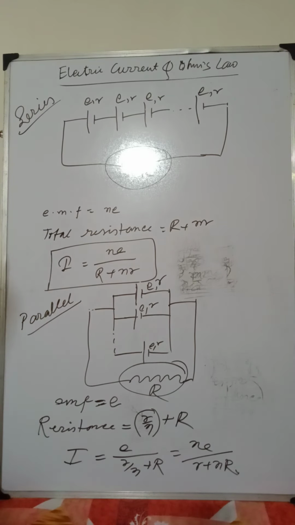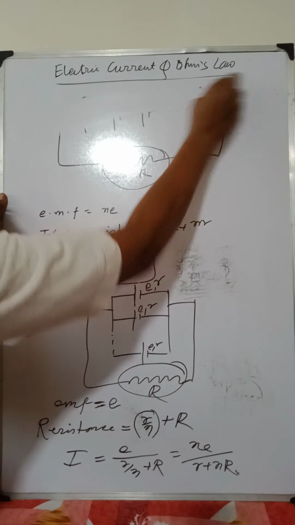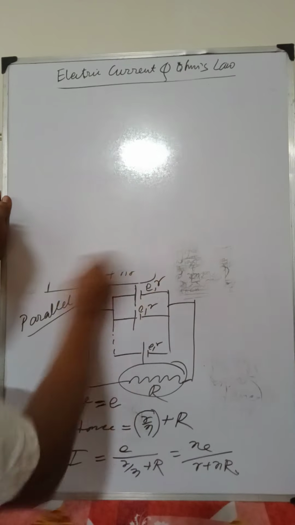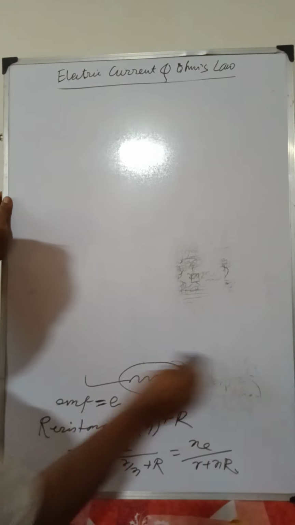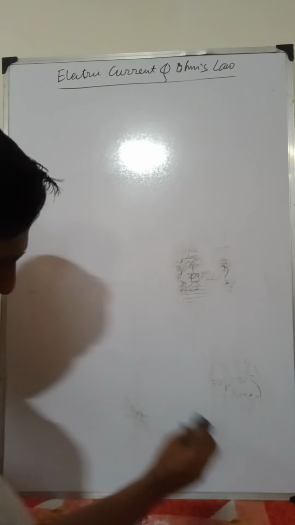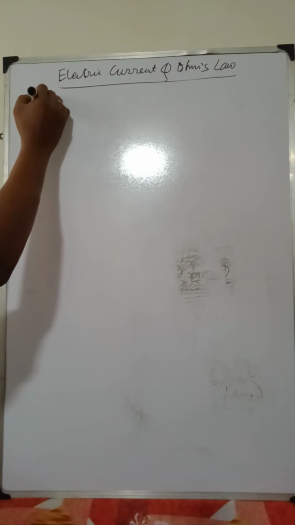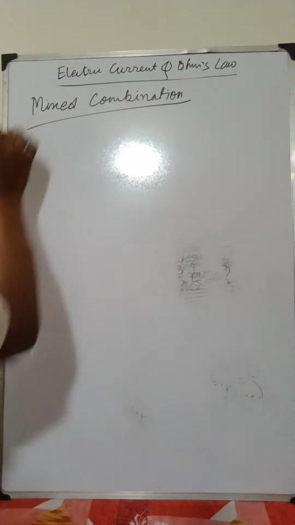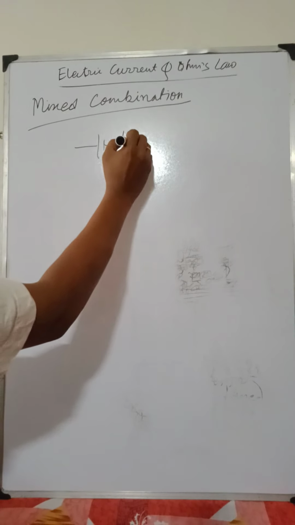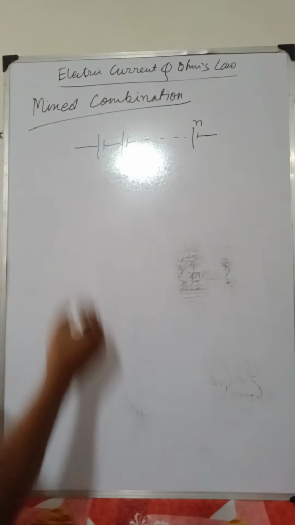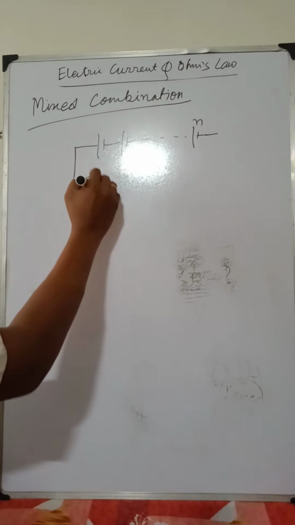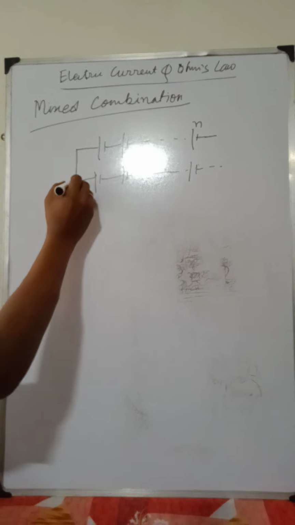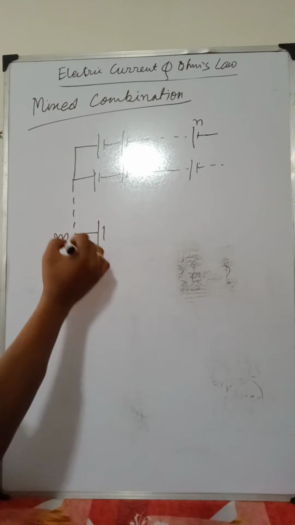There is another combination that is called mixed combination. Suppose there are n number of cells connected in series, and each such branch of n cells is connected in parallel, and there are m number of parallel branches.